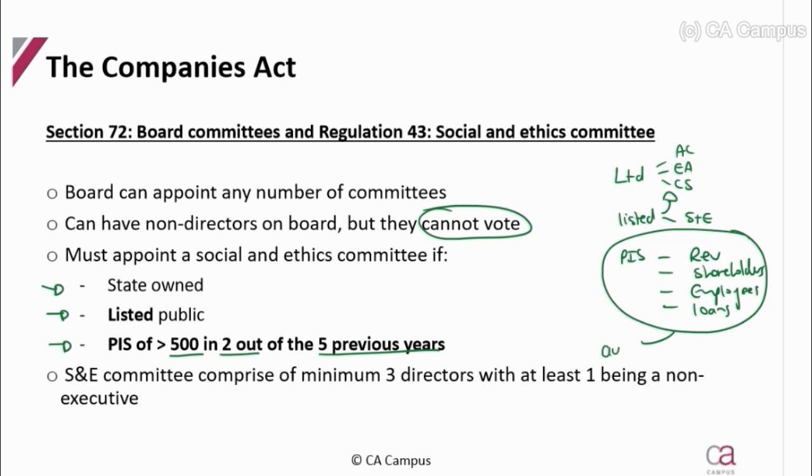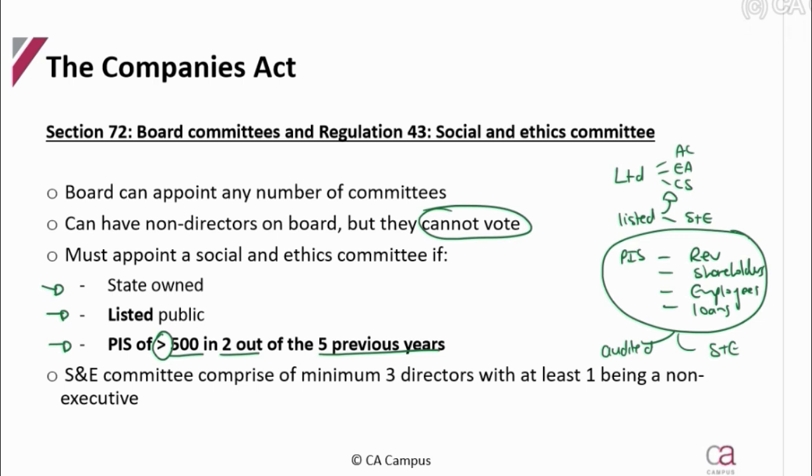Either to see if they need to be audited, or to see if they need to have a social and ethics committee. Different criteria for social and ethics committee. Any 2 out of the 5 previous years, the public interest score was greater than 500. So now we're not looking at the 350 or 100 criteria.